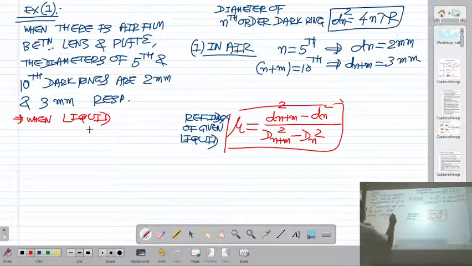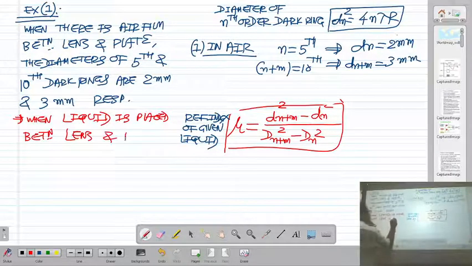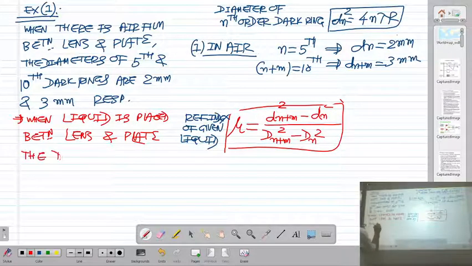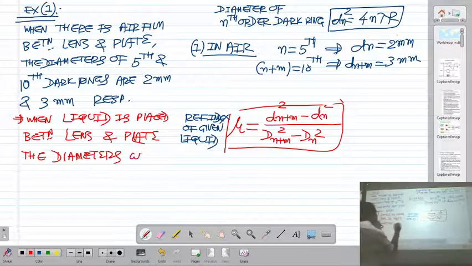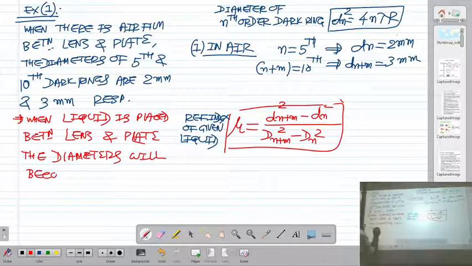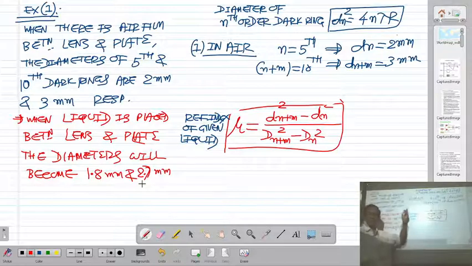when liquid is placed between lens and plate, the diameters will become 1.8 mm and 2.7 mm.